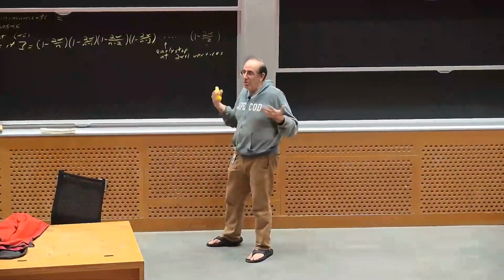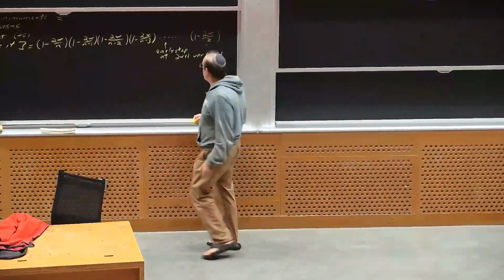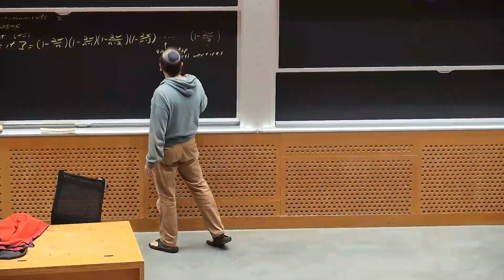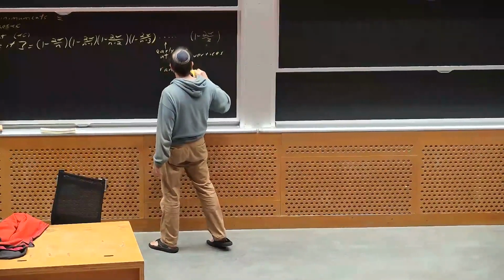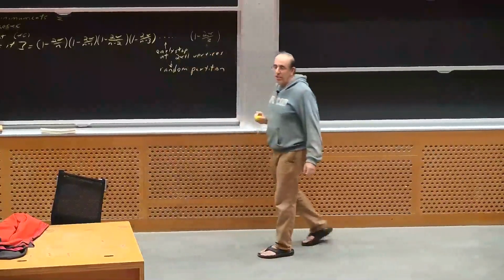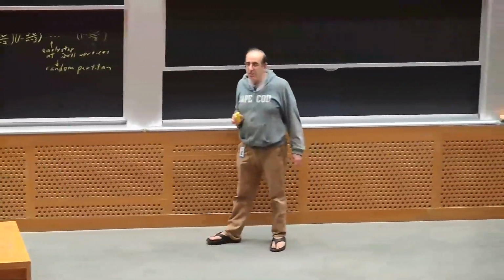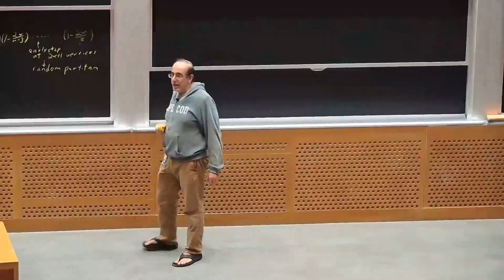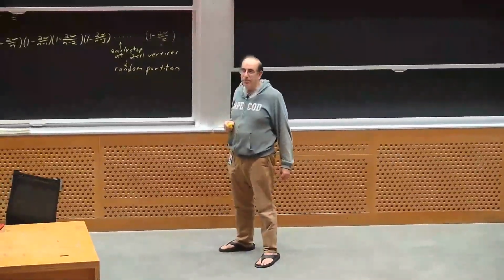Well, let's just pick an arbitrary random cut, a random partition. So if I have 2 alpha plus 1 vertices and I take a random partition, what's the probability I output the cut I'm looking for?